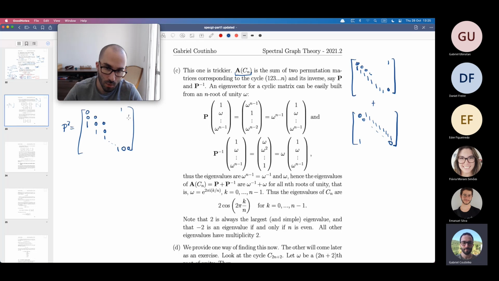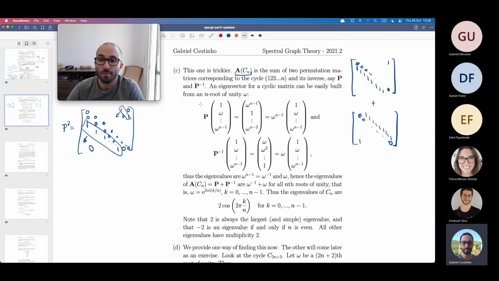And here there's going to be ones like this, and the rest is zeros. And if you keep taking powers of these matrices, you will see that this diagonal of ones is going down, getting bigger and bigger. So this is what happens with the powers of cyclic permutation matrices.